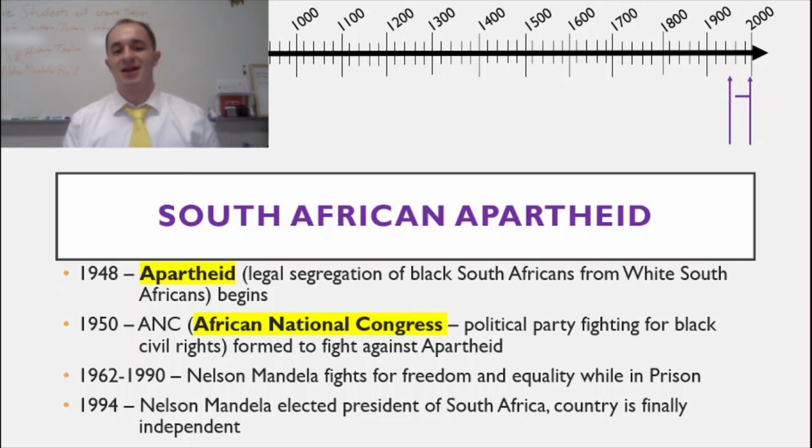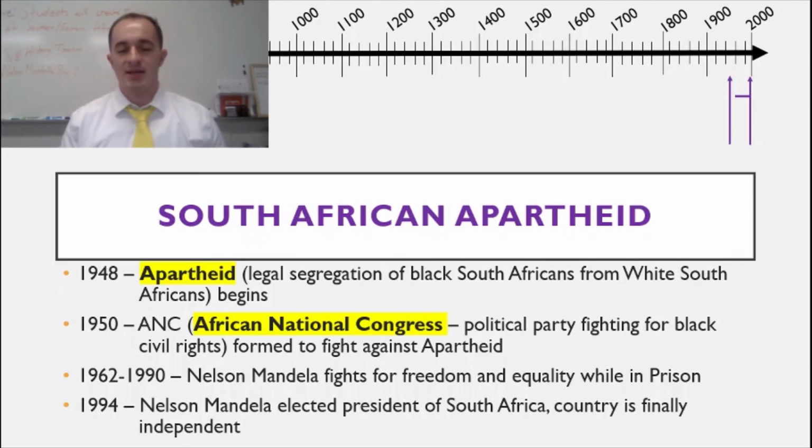1962 to 1990, Nelson Mandela, which, reminder, Nelson Mandela was the leader of the ANC and was seen as a terrorist and treasonous for fighting against apartheid and the country of South Africa.